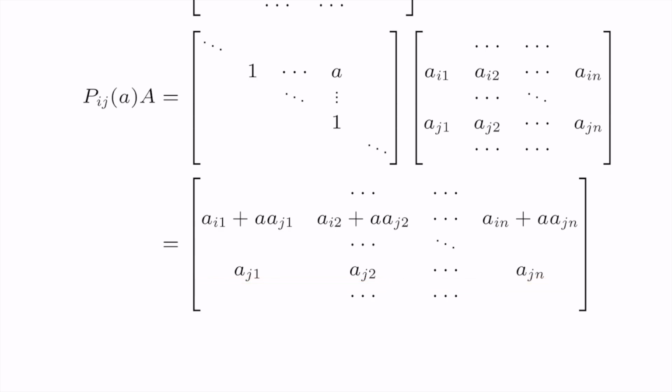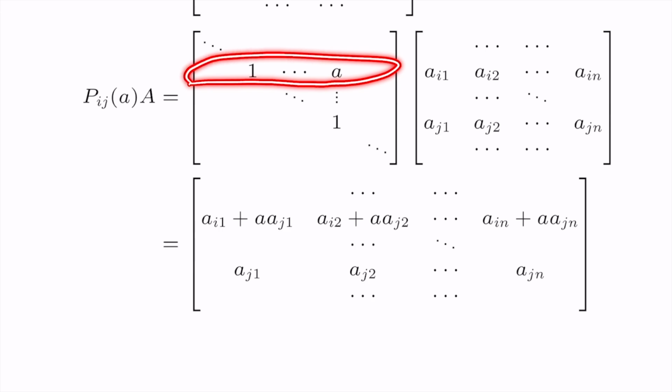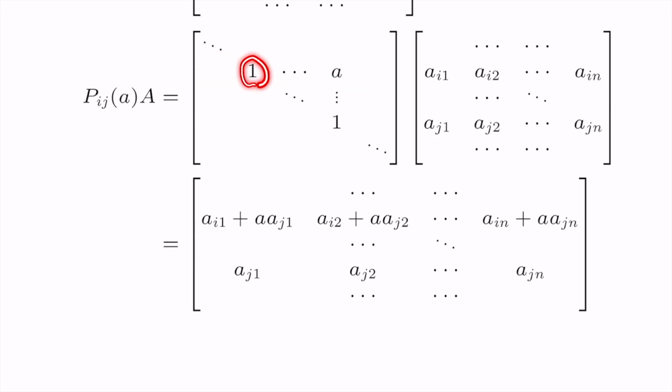Let's look at this multiplication a little bit more closely. So to get, for example, this element, which is the i1 element, we multiply the ith row with the first column, right? So in the ith row, all the elements are 0 except for the ith element and the jth element.